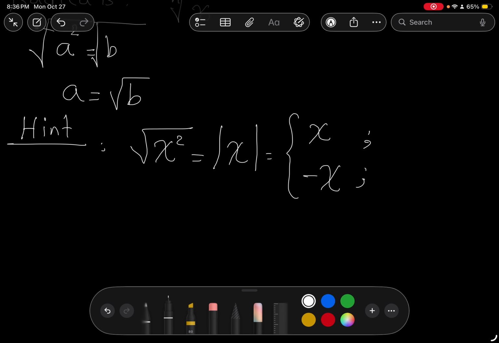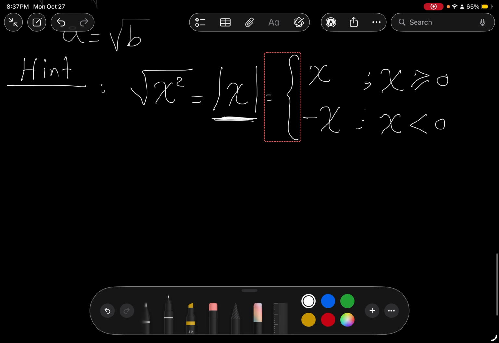Positive x if x is bigger than or equal to 0, and negative x if x is less than 0. This is the hint, and you should pay attention to this hint for the absolute value of x, because the absolute value has two values.